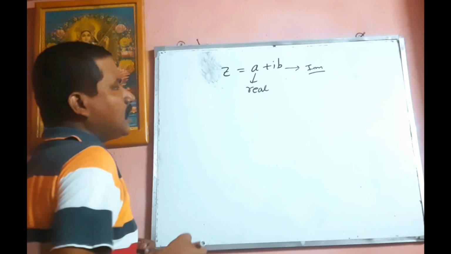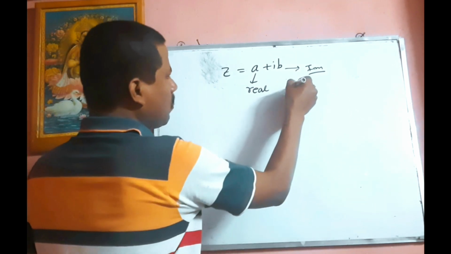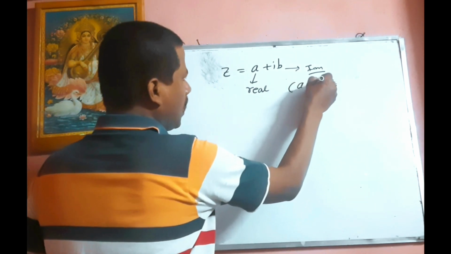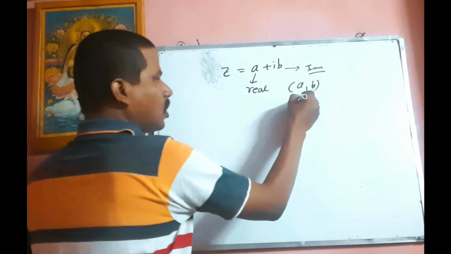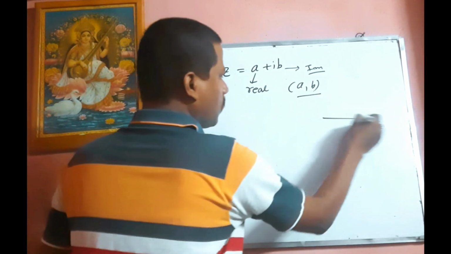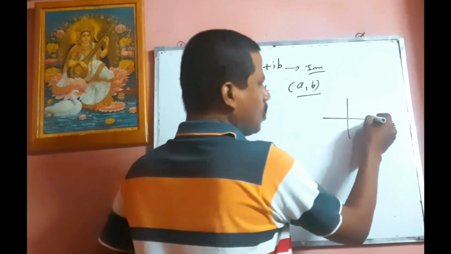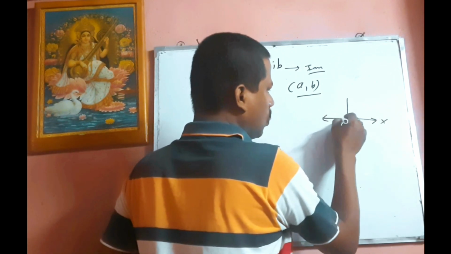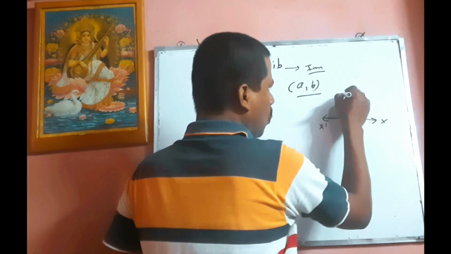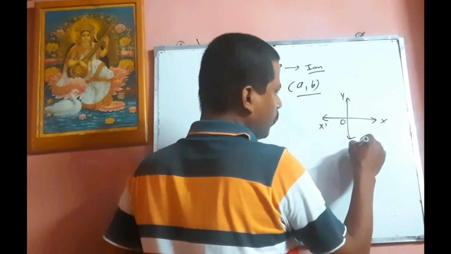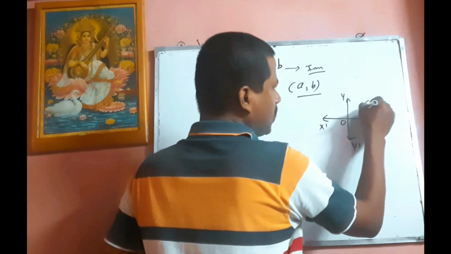So there are two parts in the complex number, and this is the ordered pair. This is the ordered pair of the complex number, and we can plot it according to the axes x'Ox and y'Oy, plotting the point.